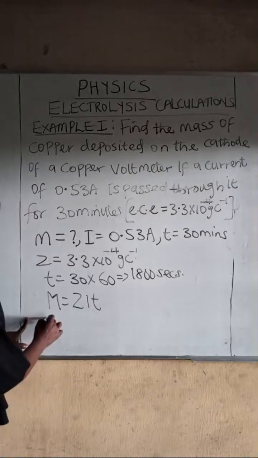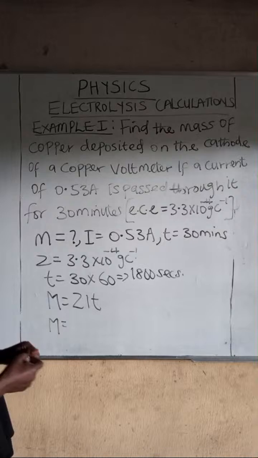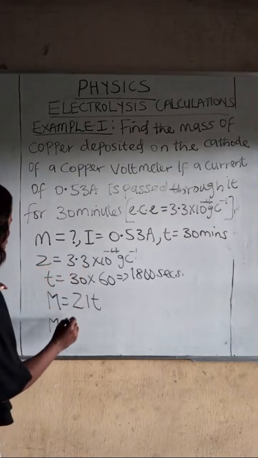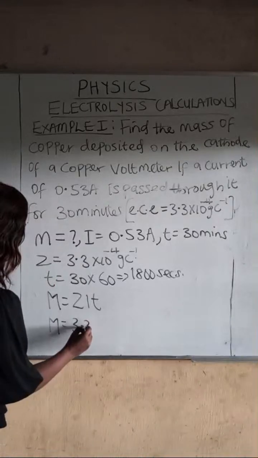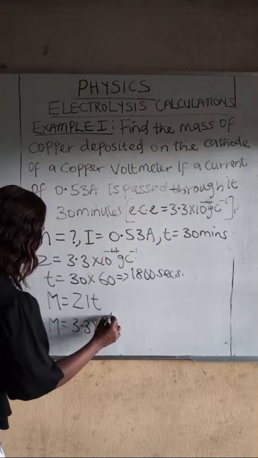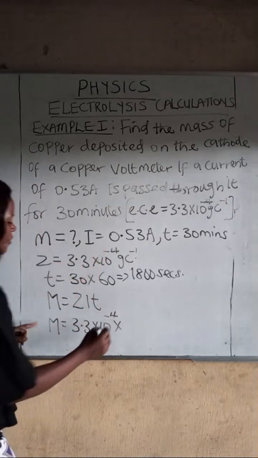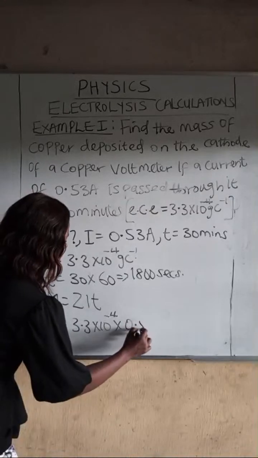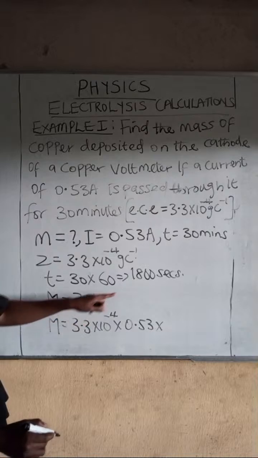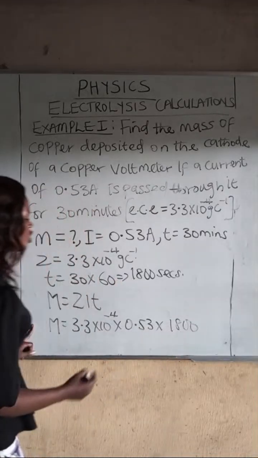Now from our formula, we have that M is equal to ZIT. What is my Z? My Z is the electrochemical equivalent, which is 3.3 times 10 to the power of minus 4, times my current I, which is 0.53, times the time, which is 1,800.